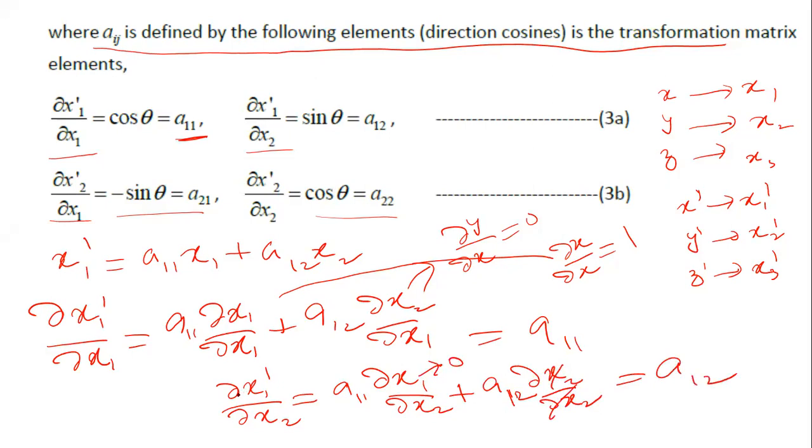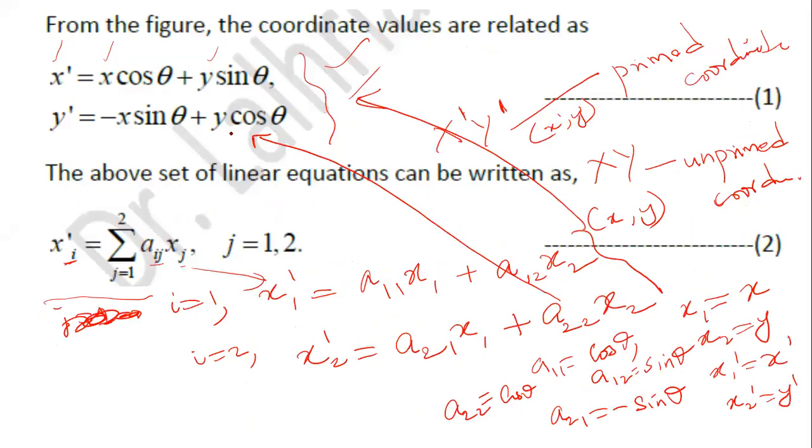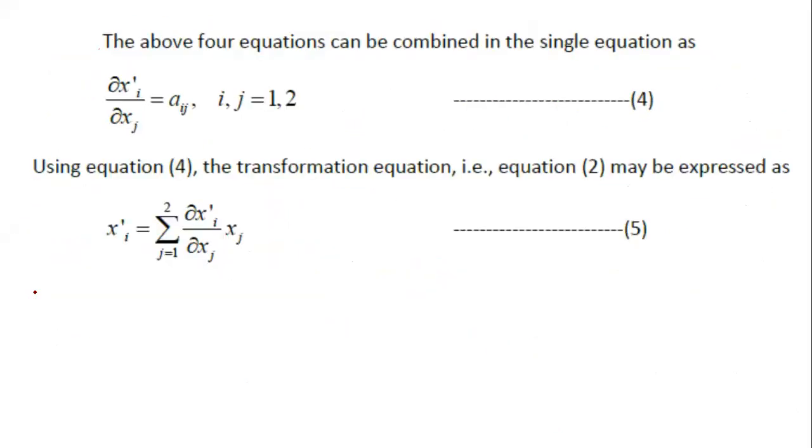a12 is equal to del x1 prime upon del x2. Okay, so this you can write. So this transformation relation, which we write like this, we can now write as this.